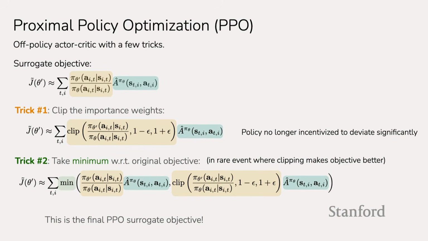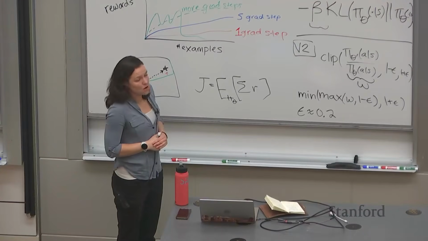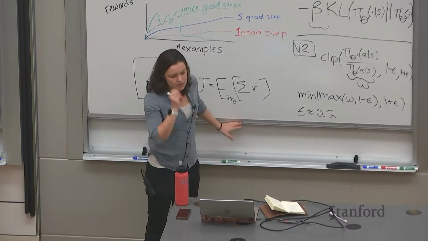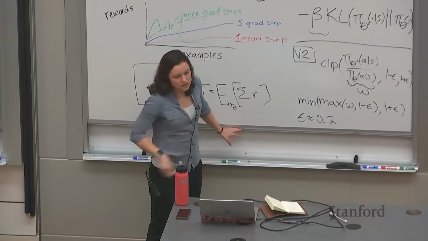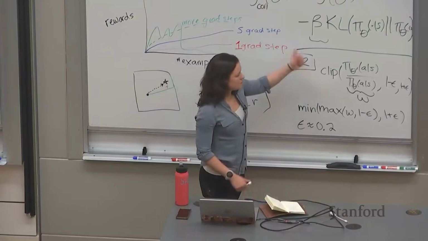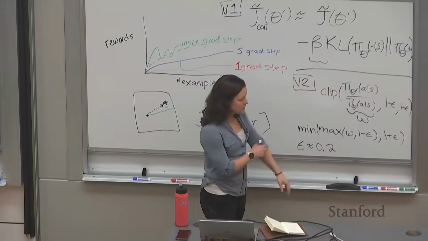The motivation behind trick 1 or trick 2? Trick 2. So the motivation behind trick 2, I'm not actually sure how often this happens in practice, like how critical this is, but you might be in a scenario where it increased the probability on a lot of the good stuff and decreased the probability on a lot of the bad stuff.